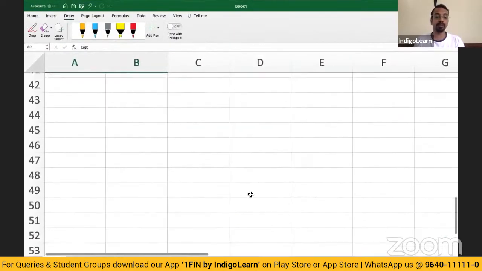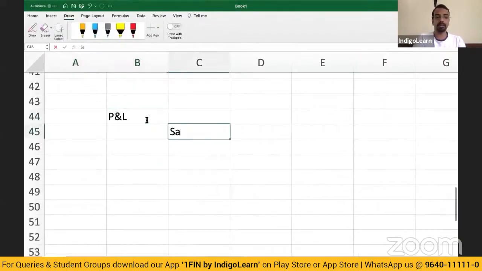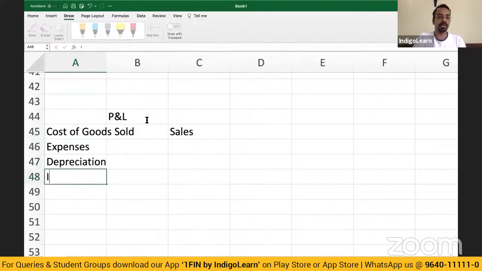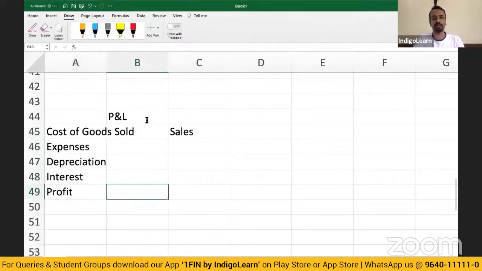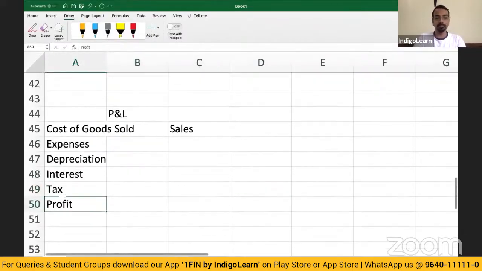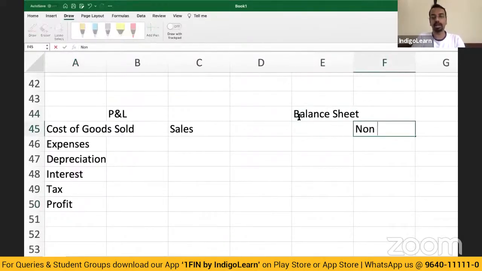Okay. So we have this P&L. Here you have sales, cost of goods sold, expenses, depreciation, interest, and let us say profit or loss. Okay, I assume there is a profit. Tax also, so let me add that. Then you have balance sheet. What do you have in balance sheet? Here you have non-current assets, right?